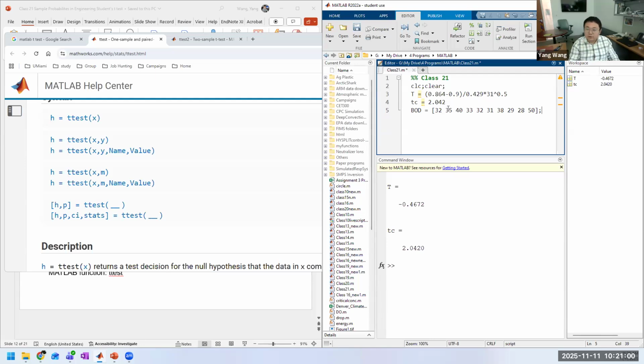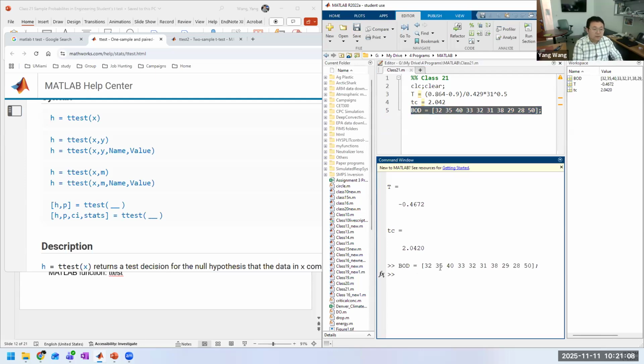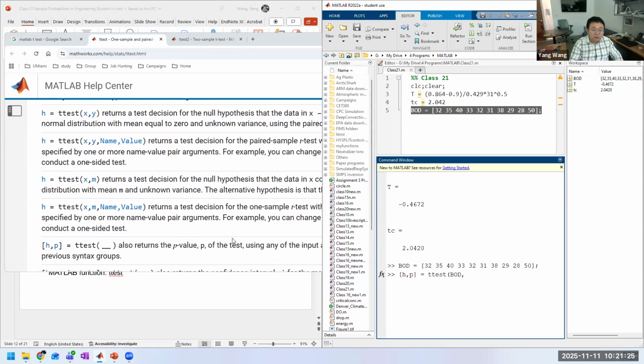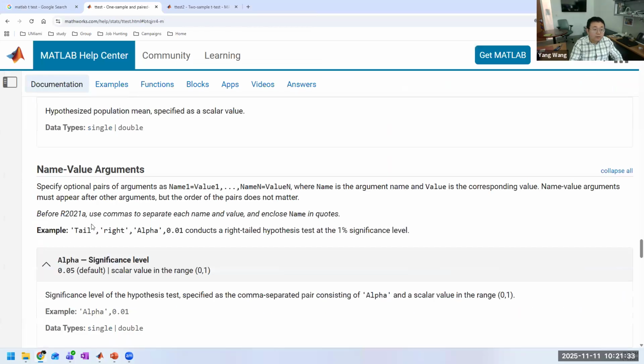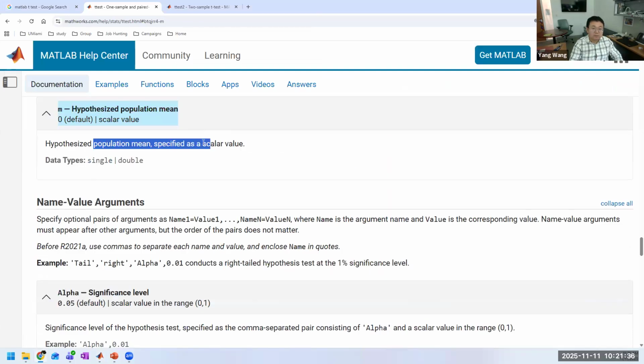Okay, so this is our BOD. We took 10 samples, right? Then we can do the ttest, with H and P. ttest of BOD, and then we can provide the mean, which is X, and M. M will be the proposed mean, the hypothesized population mean.